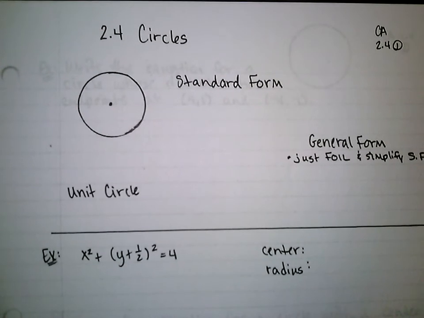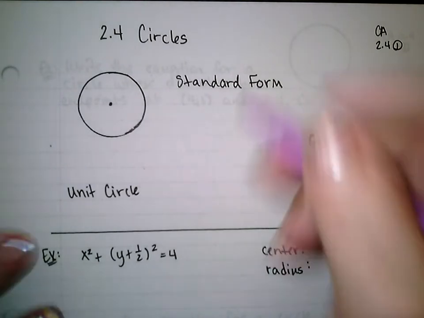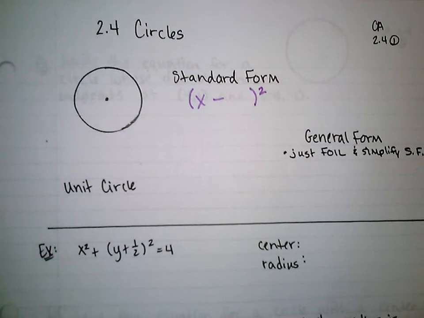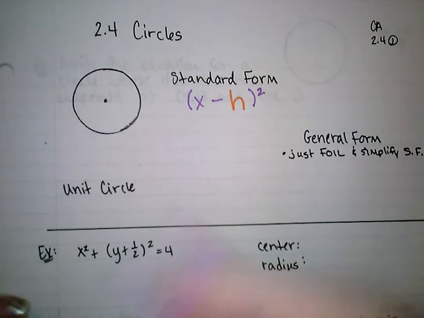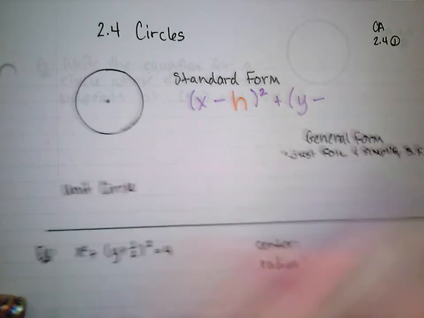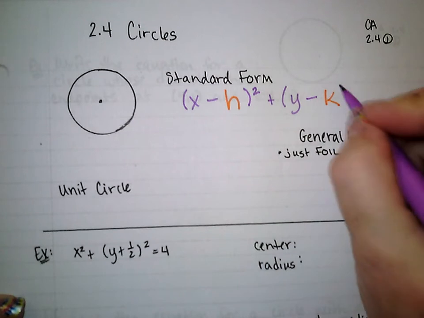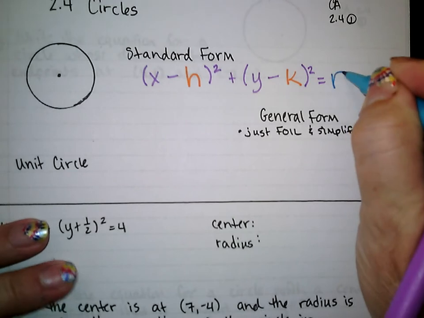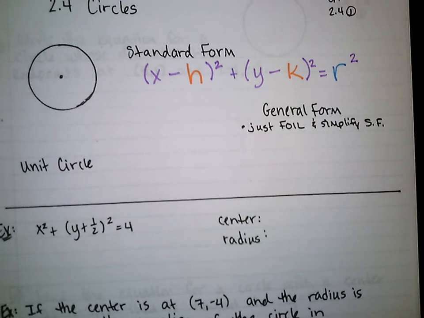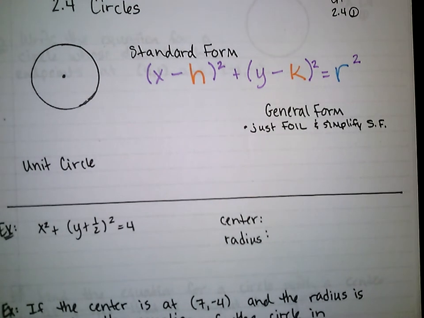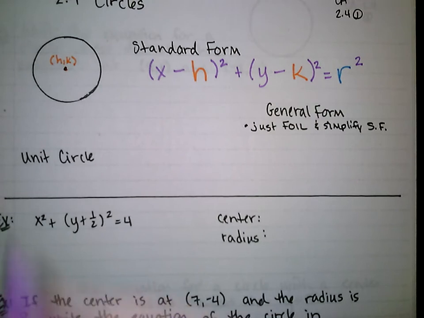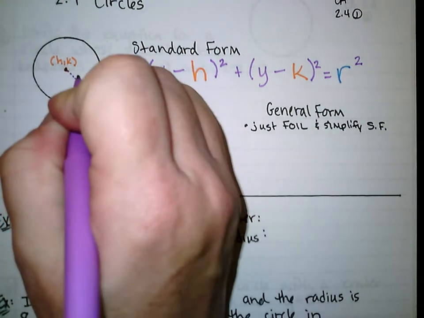Today we're going to talk about circles. So, the standard form for the equation of a circle is going to be (x - h)² + (y - k)² = r². This gives the equation for a circle that has a center at (h, k) and a radius of r.